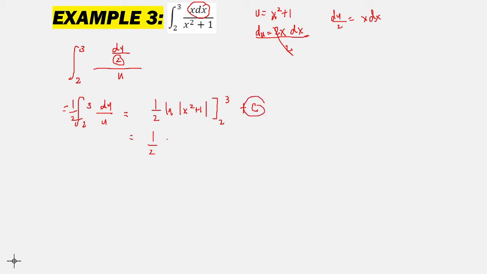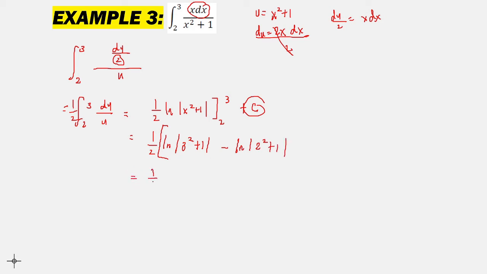So that's 1 half ln of 3 squared plus 1, minus, 1 half, or let's not put 1 half, we are going to put close and open parenthesis. So it looks like this. Minus ln of 2 squared plus 1.